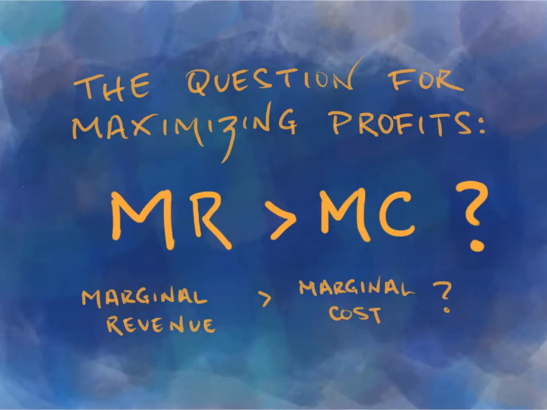In fact, this is essentially the question the firm asks itself every time it makes a decision. Is the marginal revenue greater than the marginal cost? Almost all of the profit maximizing decisions of a firm that we discuss boil down to that. Is marginal revenue greater than marginal cost? If so, it's profitable. Do it.